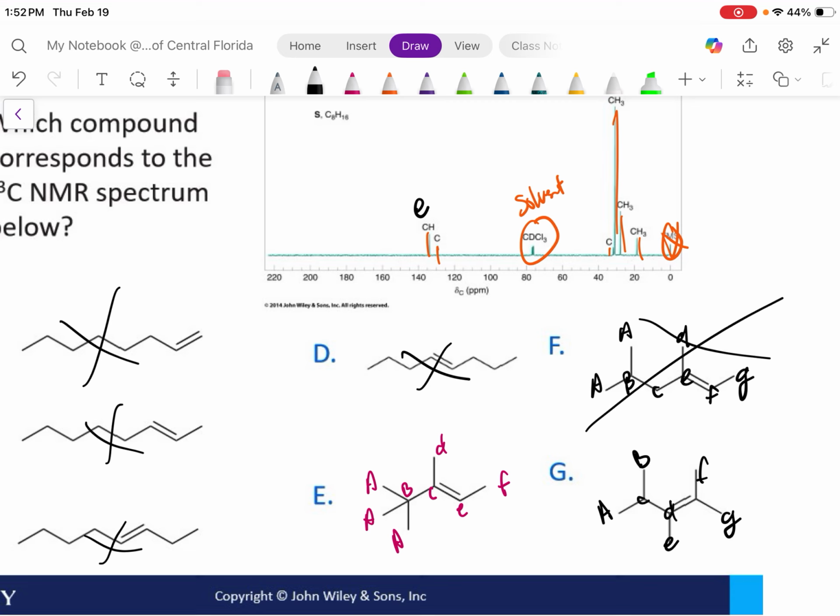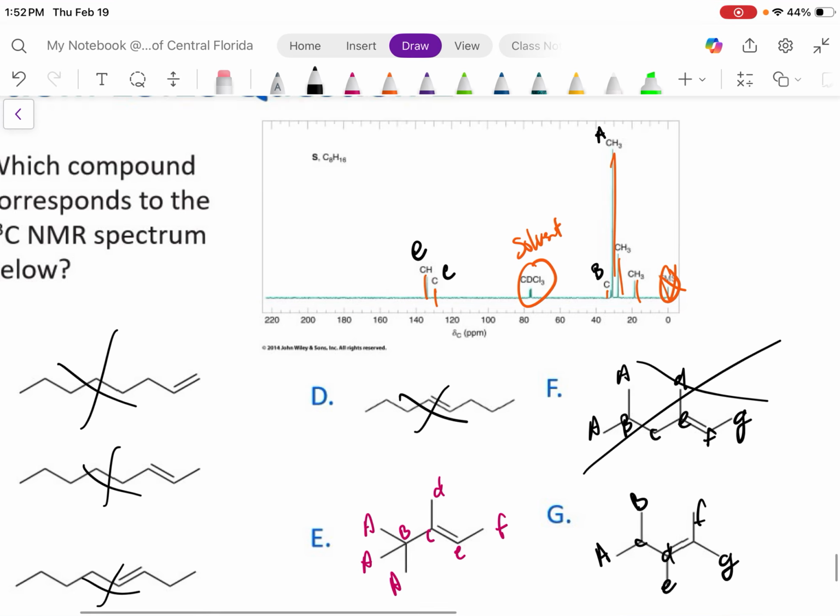That's E because it's further downfield. Okay. And then that would have to be C because it's a quat carbon, really far downfield. This one is B, it's a quat carbon, but it's upfield. Then we have A. There's our methyls right there.